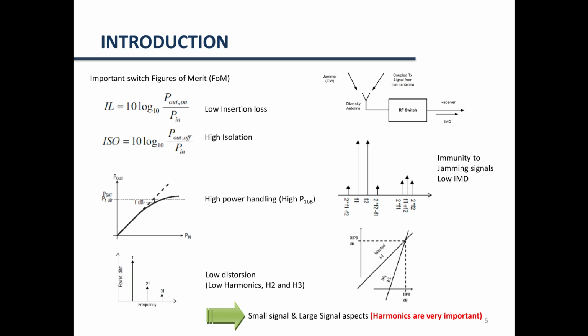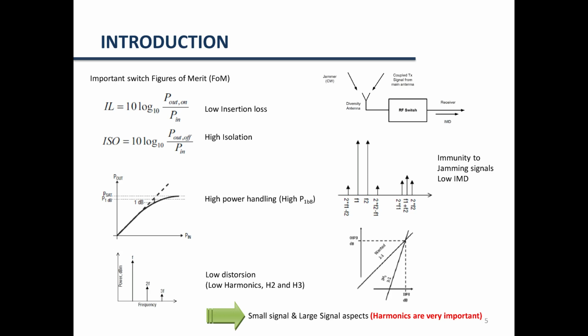On the upper left, you have a diagram of an RF switch connecting a receiver and an antenna. In this diagram, we can see that the transmission signal can be coupled with a possible jammer received at the antenna and create intermodulation distortions, possibly being in the bandwidth of the received channel, which is very detrimental to the overall performance of the system.